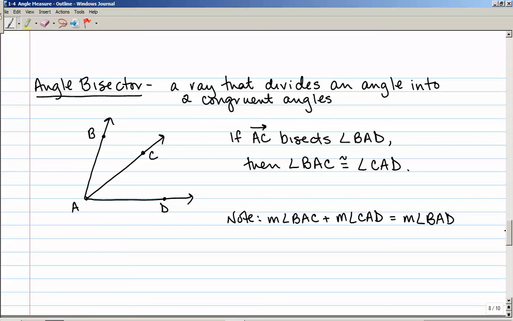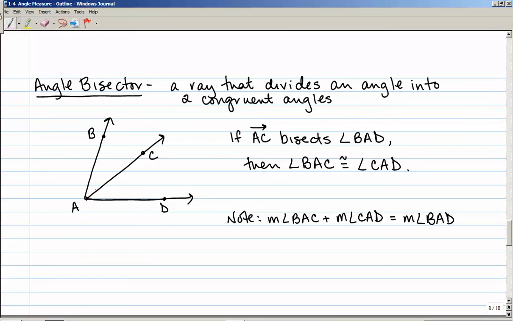An angle bisector is a ray that divides an angle into two congruent angles. So if ray AC bisects angle BAD, then angle BAC is congruent to angle CAD. Let's go ahead and mark this.